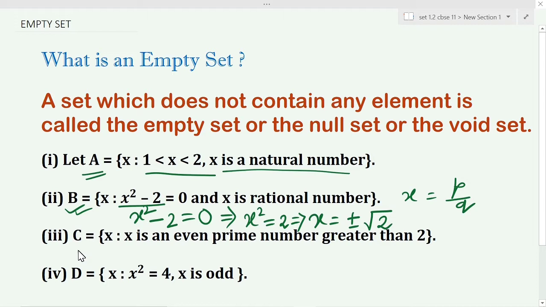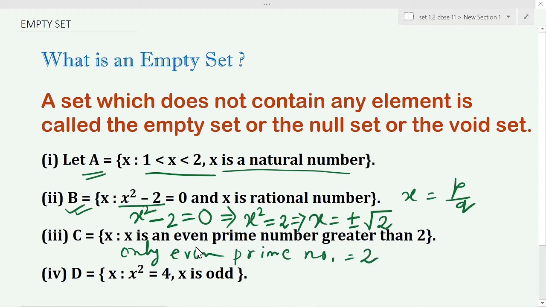Now look at set C. The element of C is x, and x is an even prime number greater than 2. We know the only even prime number is 2, and the condition says that x is an even prime number greater than 2.